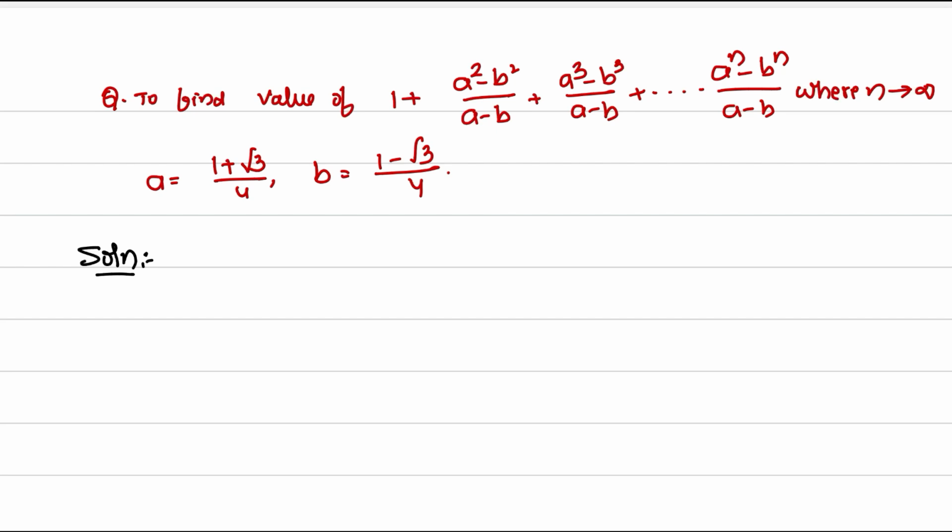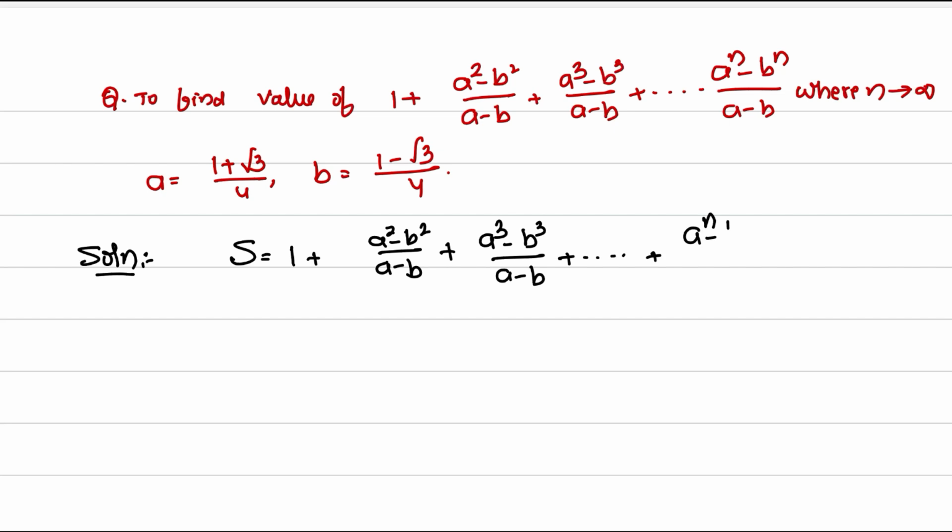The series S is equal to 1 plus (a square minus b square) by (a minus b) up to (a to the power of n minus b to the power of n) by (a minus b), where n tends to infinity. This is the series.